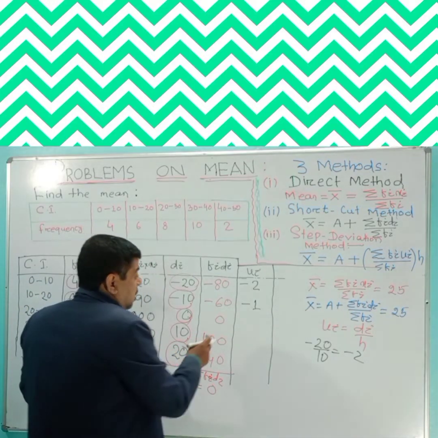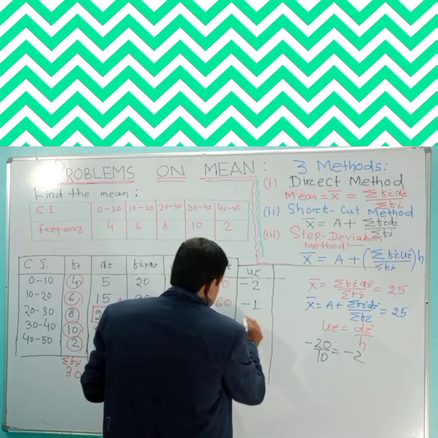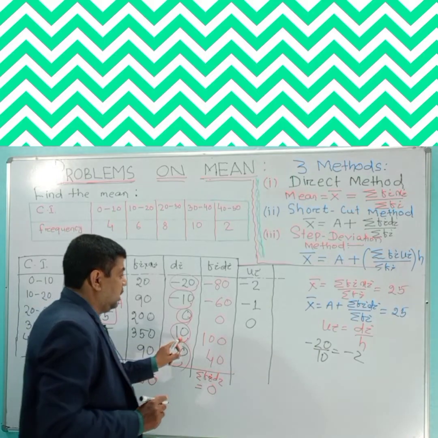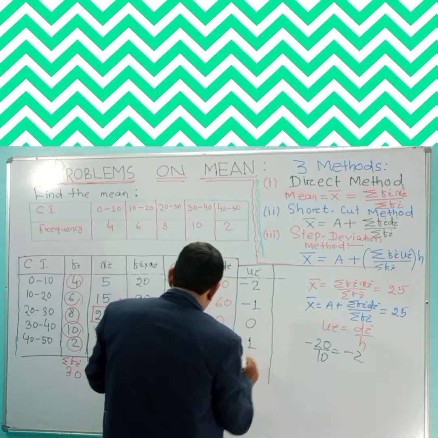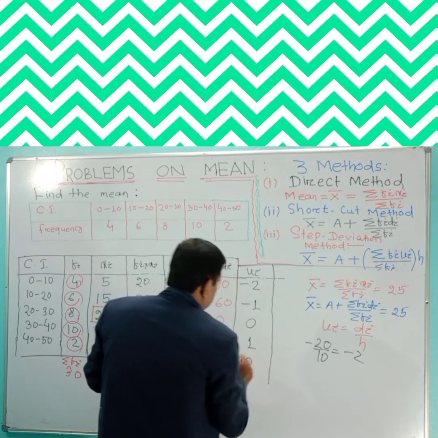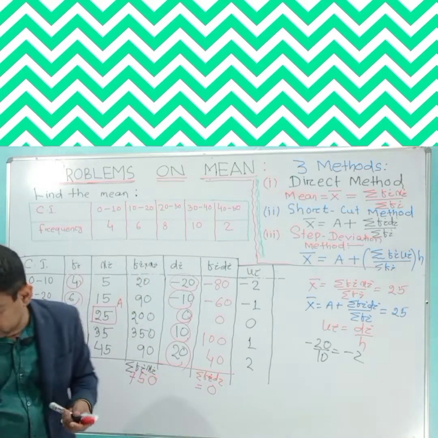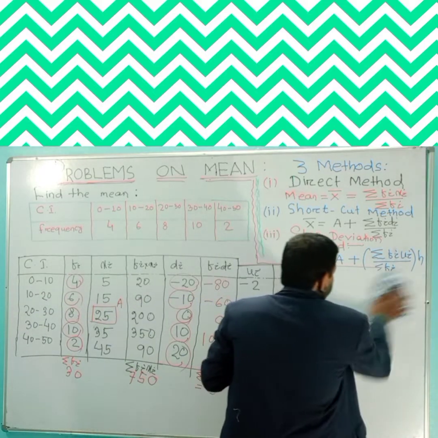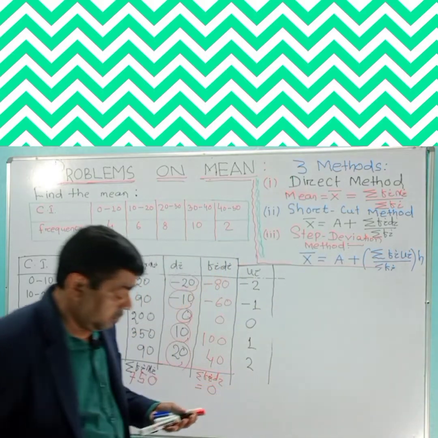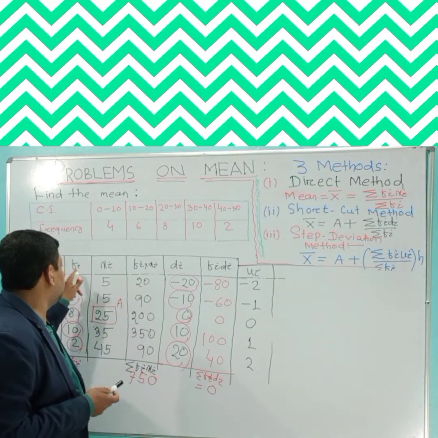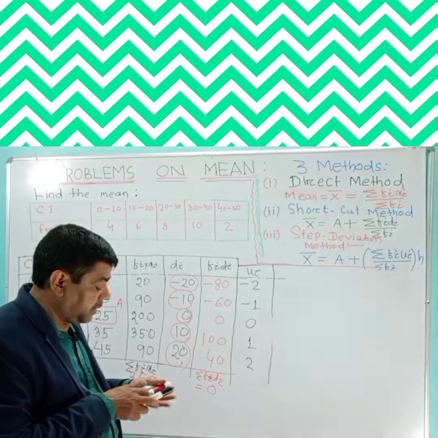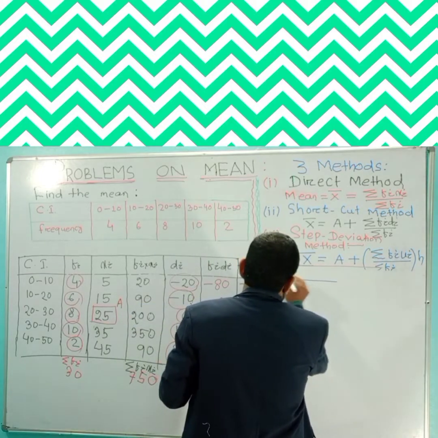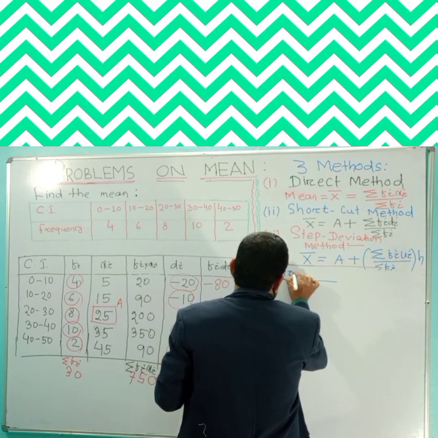And here you see 0 by 10 is also 0. And here, look at here, 10 by 10 is what? 1, and 20 by 10 is 2. So these are the values of ui you will find out. Understand how to find out ui? Note down here. After finding ui, you have to find the product of fi and ui.